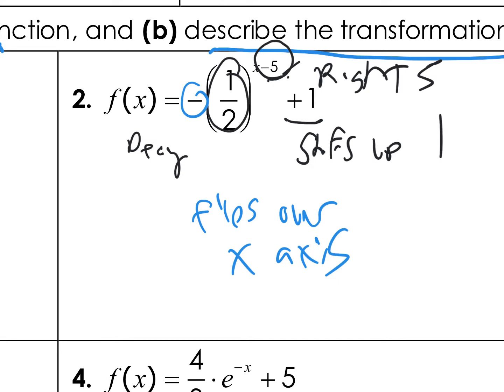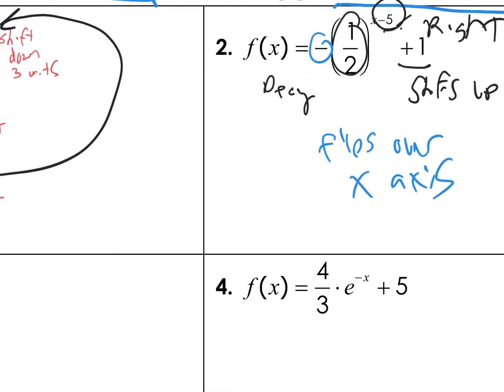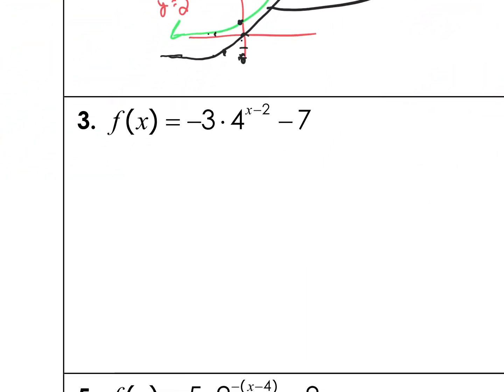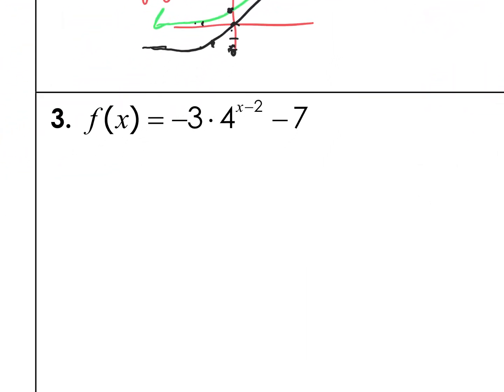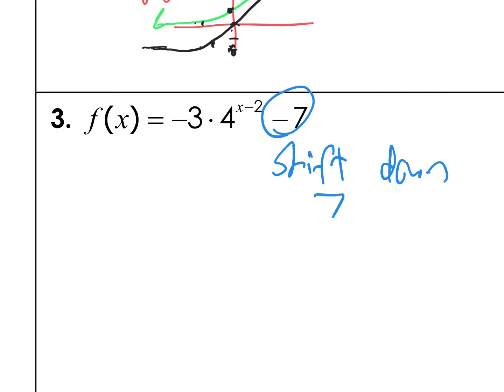Okay, there's a lot to chew with this page. I see he's throwing a lot of stuff at us on this one. This causes it to shift down 7 units.